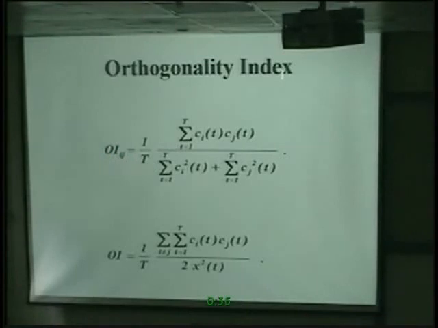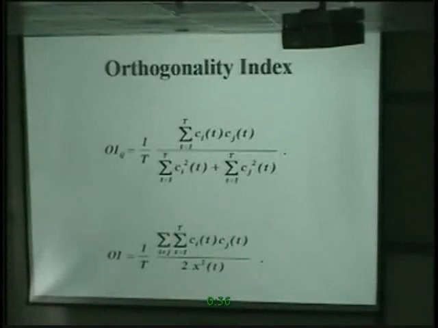Alternatively, I can have this IOij between the i component and the j component. And here this is the IOij of all the off-diagonal terms. This is the total orthogonality.